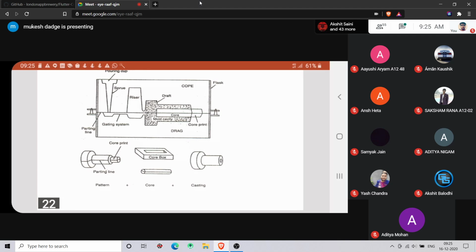From the pattern you make the cavity, from the core you make the hole in the cast product, and finally you get the casting.